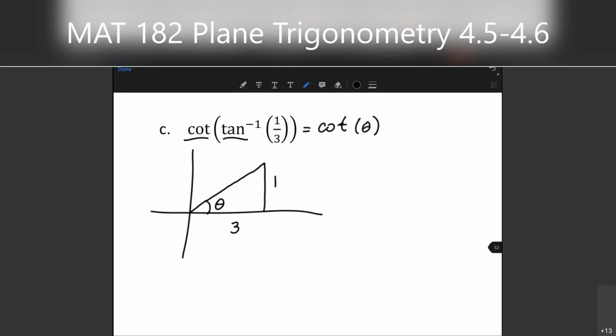And so if I'm going to take a cotangent of that same angle, we know that that's just the reciprocal of the tangent ratio. So in this case, we don't actually have to find the hypotenuse here. We already know that it's going to be our adjacent over the opposite. So in this case, this would be just 3/1 or just 3. It would be the reciprocal of our original ratio.